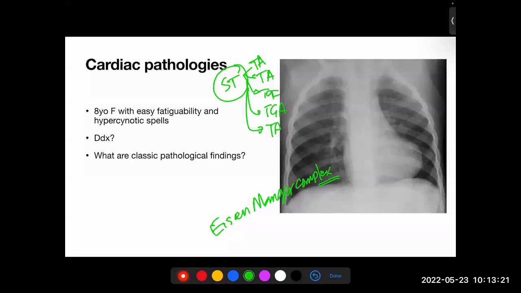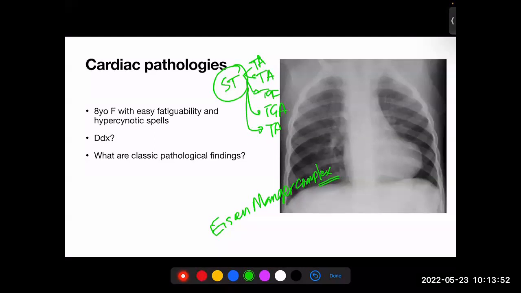It comes later, after the shunt has gone first from left to right, and then it goes from right to left because of the pressure. In cyanotic heart diseases, the oxygenated and non-oxygenated blood mix, so you get cyanosis.